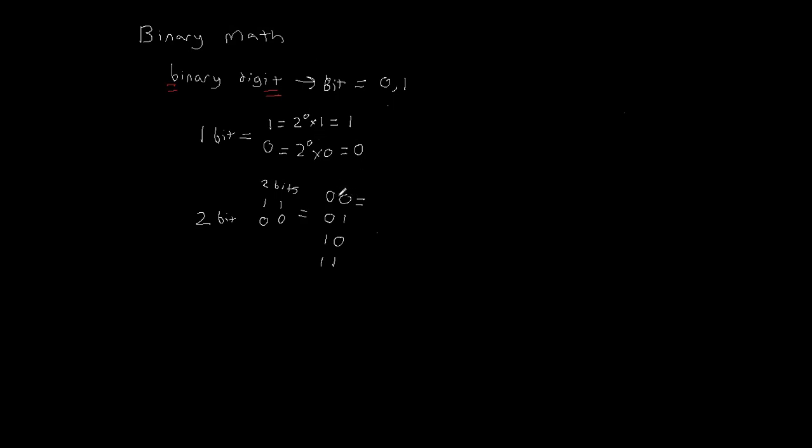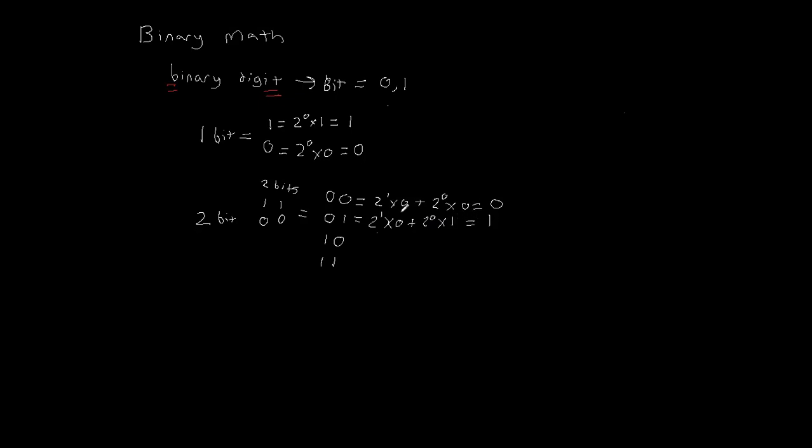So in this case, if we have 0, 0, this is equal to 2 to the 1 times 0 plus 2 to the 0 times 0. And this is going to give us 0. Next, this is going to be 2 to the 1 times 0 plus 2 to the 0 times 1.